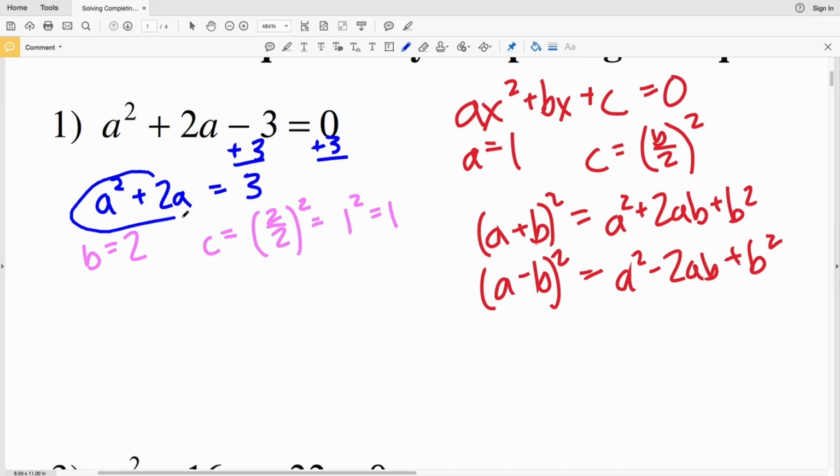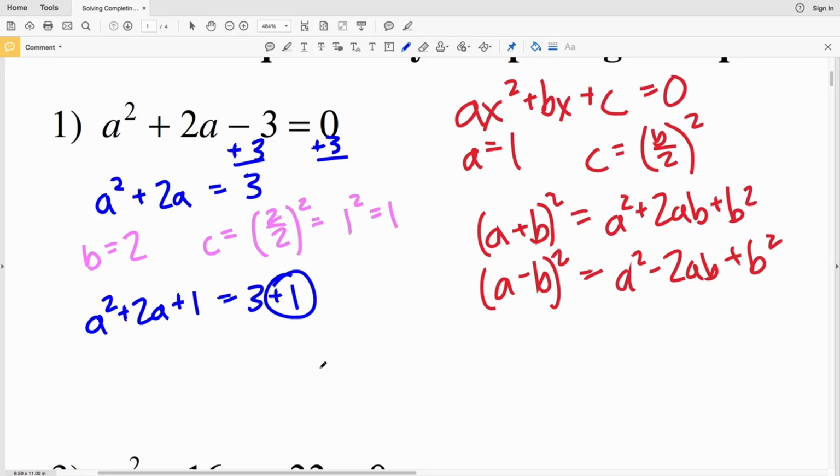So now to this equation, I'm going to add 1. So I'll have a squared plus 2a plus 1. But since I added 1 on the left-hand side, I'm going to also need to add 1 to the right-hand side in order to not change the value of the overall equation. Because of that additive inverse property, c plus a negative c equals 0.